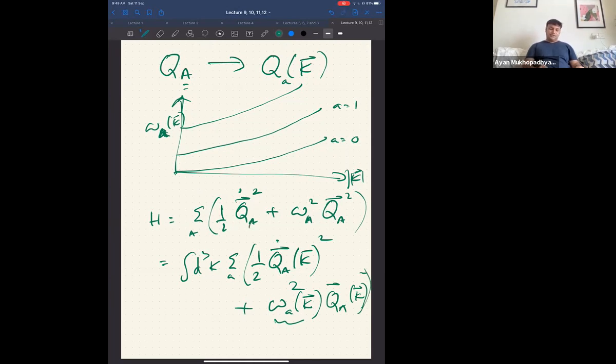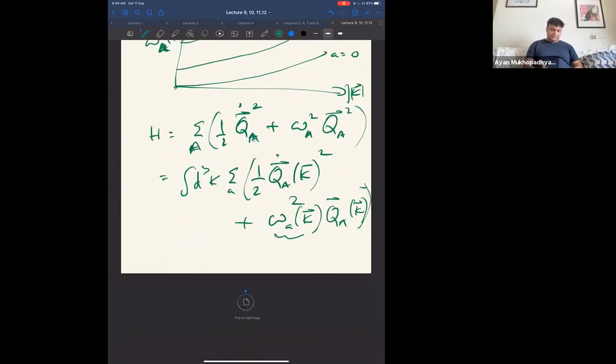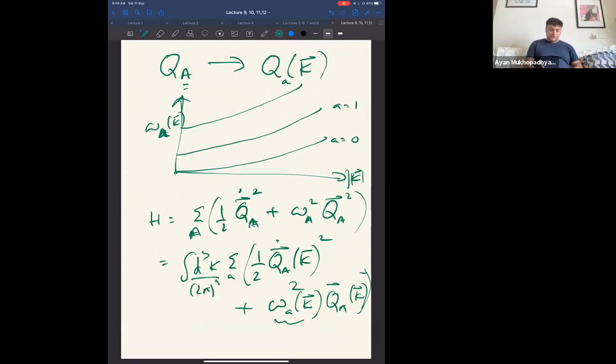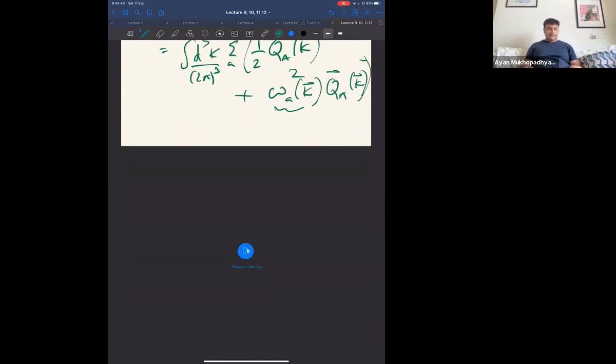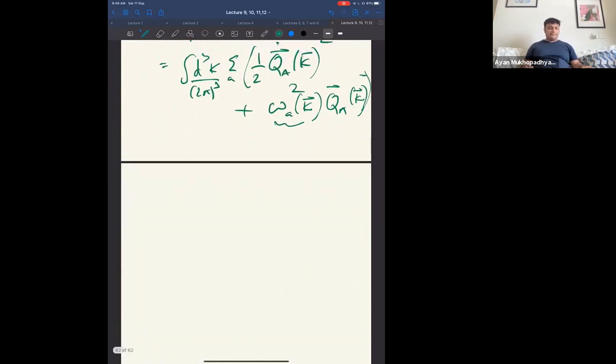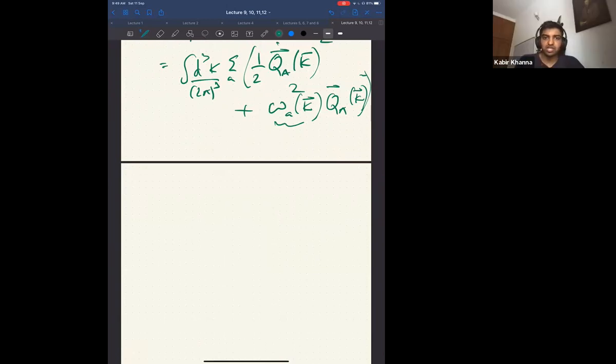I simply put in the K, so the sum over K becomes a continuous integral over K, okay? And I should also put some 2 pi cubed because of the definition of this thing. At this point, I would like to discuss the summation over A and K.